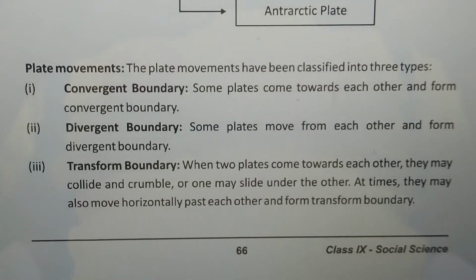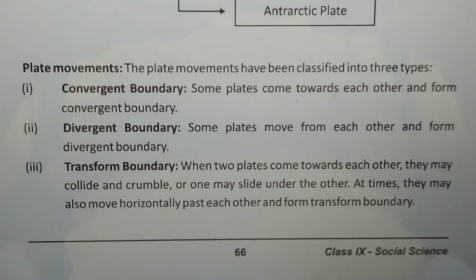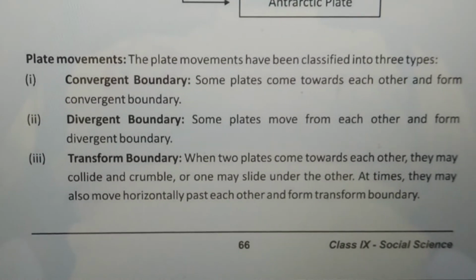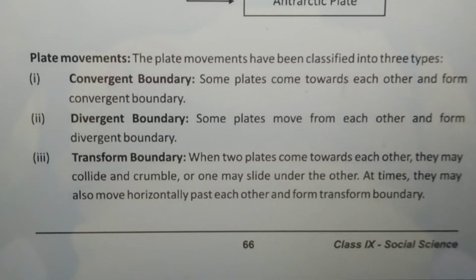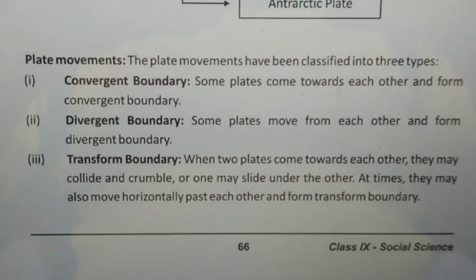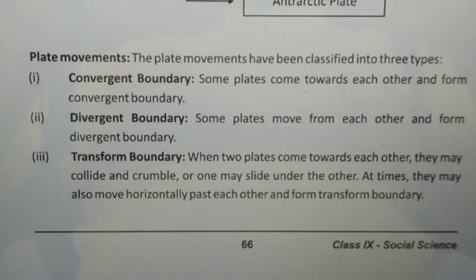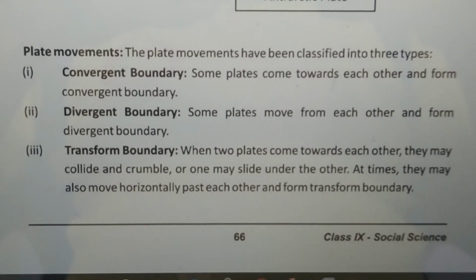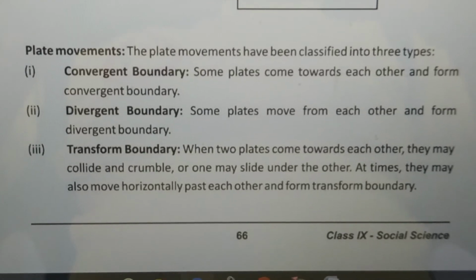So these plate movements have been classified into 3 types. First one, the convergent boundary. Second one, the divergent boundary, and third one, the transform boundary. So let's see in detail what it actually means. First one, convergent boundary.